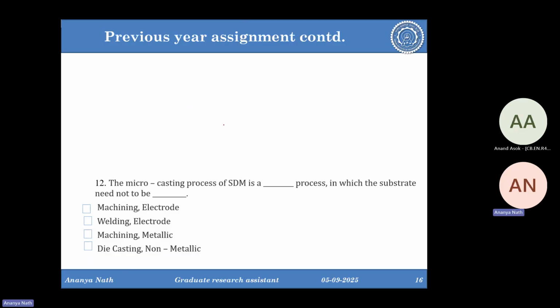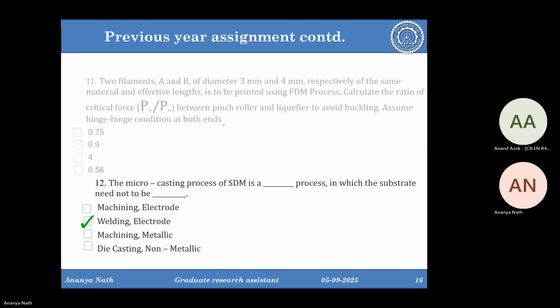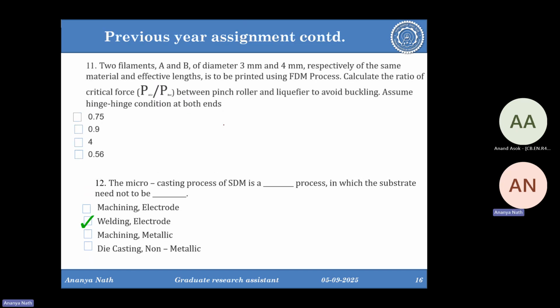Then the microcasting process of SDM is a welding, and in which the substrate needs to be electrode. Two filaments A and B, it's again the same formula. If you notice, the diameter of it is 3 mm, 4 mm. So calculate the ratio of the critical force. Sorry, I think it's the other formula that I've put here. It's a mistake.